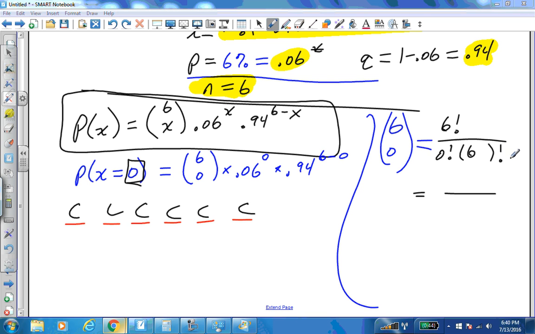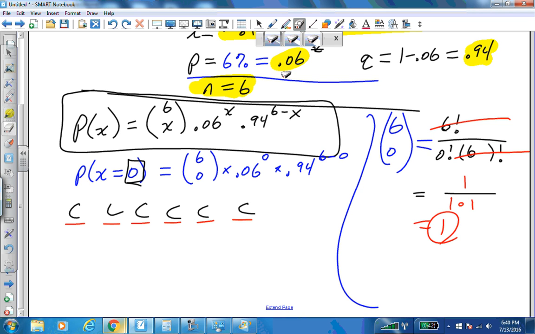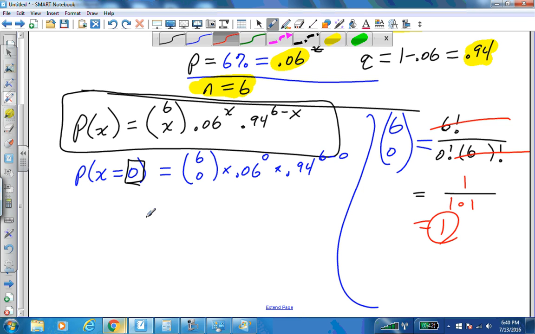Notice this is the same factorial, so all of those similar factors cancel. 0 factorial is also 1. So 1 over 1, yes, that's 1. So this is 1. That means there's one way of getting 0 off-centered holes.